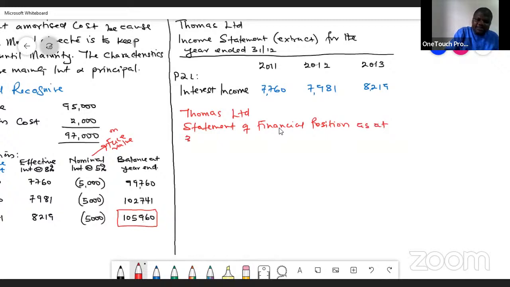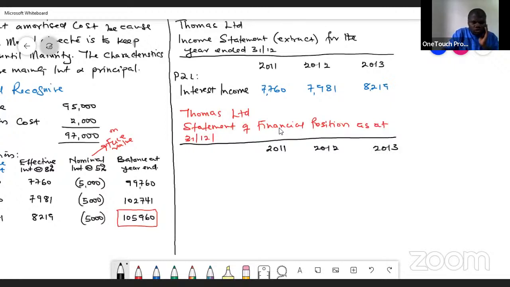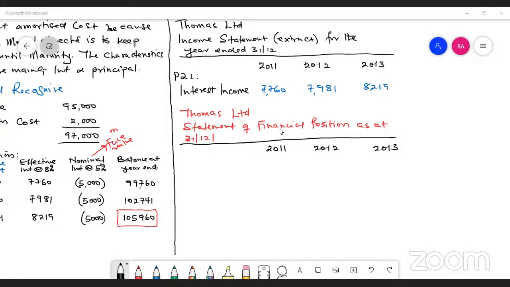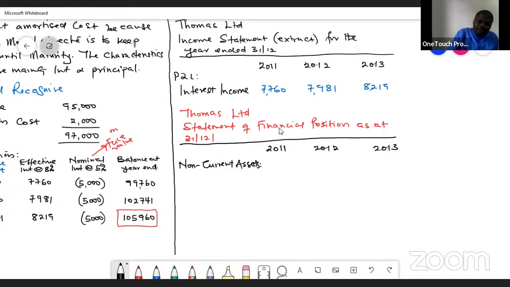As at 31st December 2011, 2012, 2013. So we have non-current assets. Under non-current assets, we have investments.